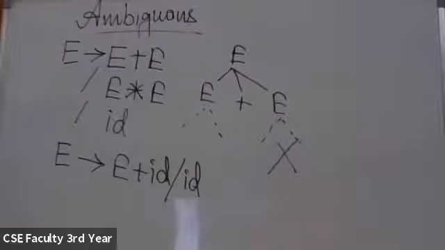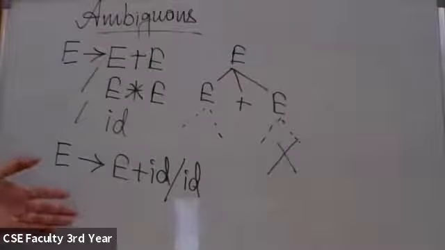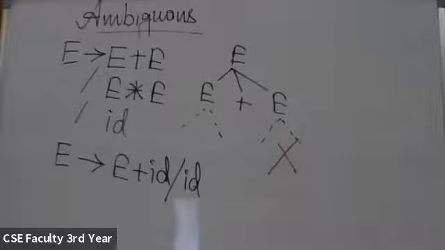Ma'am, do we need the basics of previous classes to understand this topic? In the last class, I explained what is ambiguous grammar. Were you not present in the last class? See, these kinds of subjects, TOC, compiler, you have to maintain a sequence to understand them.